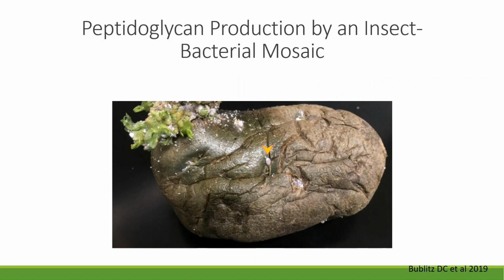If you were to go up to the white cottony substance and crush those insects that are inside of it, you will see this beautiful crimson color that's produced. And it's actually a dye. That dye is called carmine. And this dye has been used by pre-Hispanic cultures for a very long time. And its production by the insect is related to the endosymbionts that it carries within its cells.